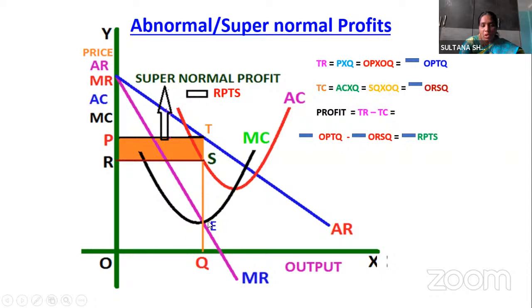When MC is equal to MR, the firm is in equilibrium, at output Q. Under perfect competition, the price is decided here only, but in the case of monopoly, he is increasing the price. He fixed the price OP: OQ quantity, OP price. The first condition is applied, and then the second condition.